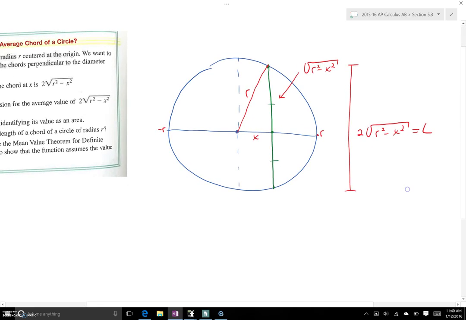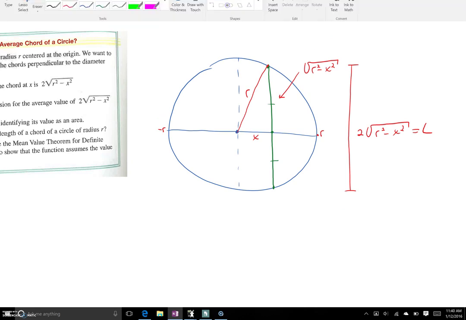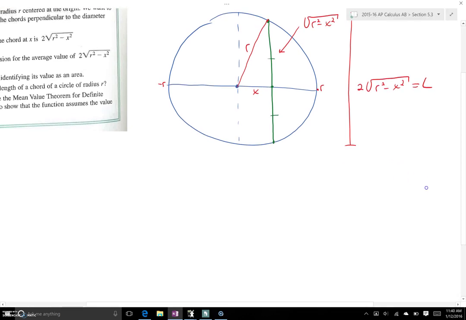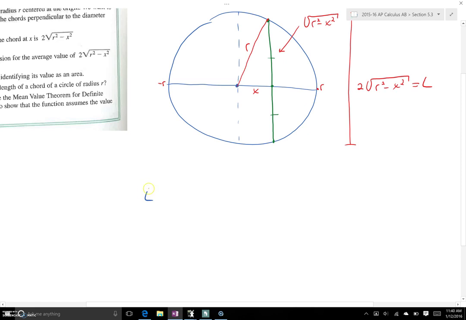So we want to find the average length of the chord. Now we found out the other day that the average value of a function is given by 1 over the interval length. So this is going to be r minus negative r times the integral from negative r to r of our function L. So that's going to be 2 times the square root of r squared minus x squared with respect to x.